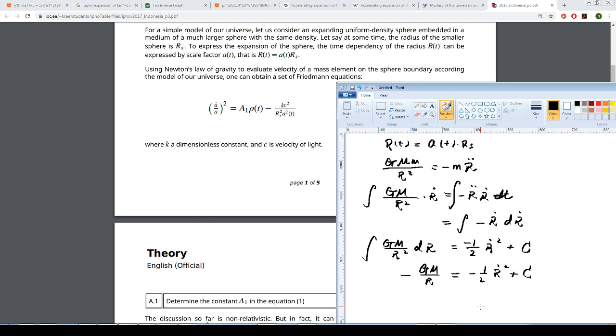And then we can divide by r squared everywhere, and maybe also multiply. So multiply by -2 and divide by r squared.